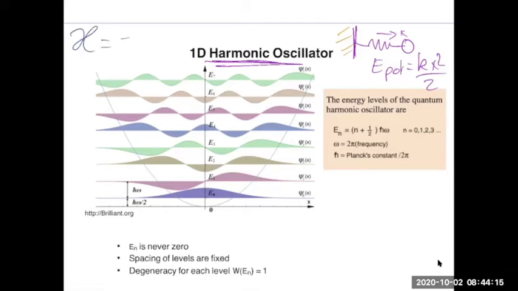H is minus h bar squared over 2m times d squared dx squared. That's the kinetic energy operator, always there. But now I also have plus 1/2 k x squared. That's my Hamiltonian now.